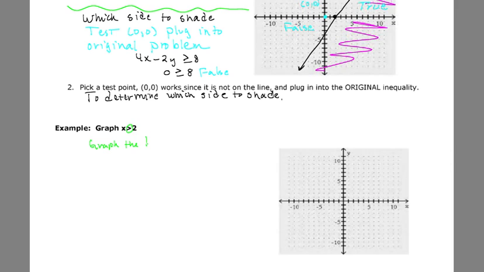So we'll graph the boundary line, which comes from replacing the inequality with an equal to, x equal to 2, and we have to decide if that boundary line is solid or dotted. Well, it's greater than 2, it doesn't have the equal to, so it's going to be a dotted or dashed line.